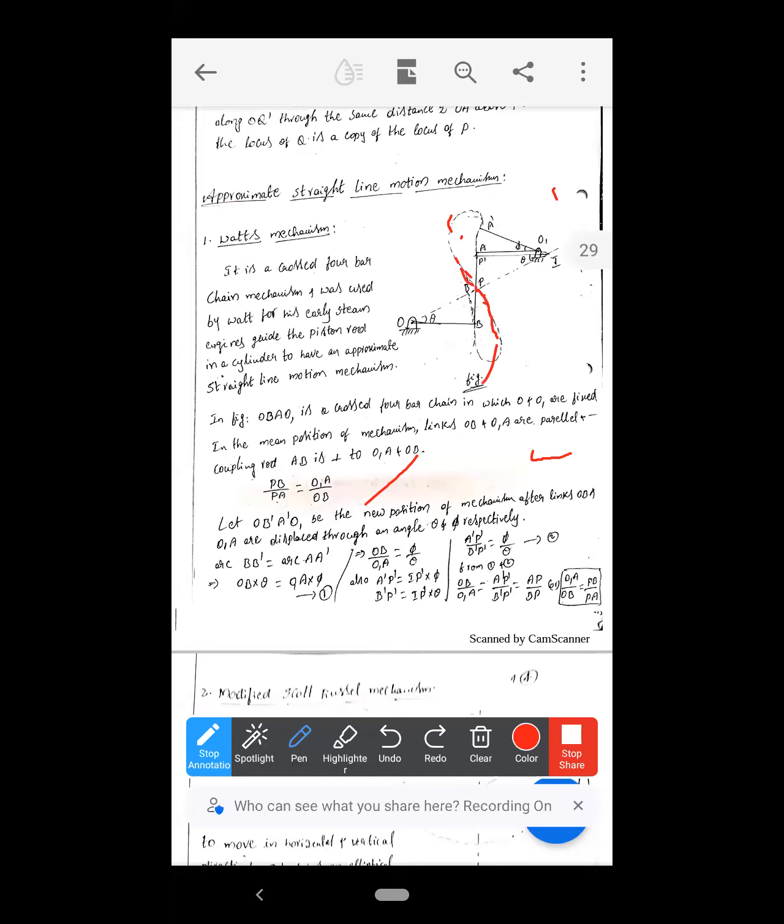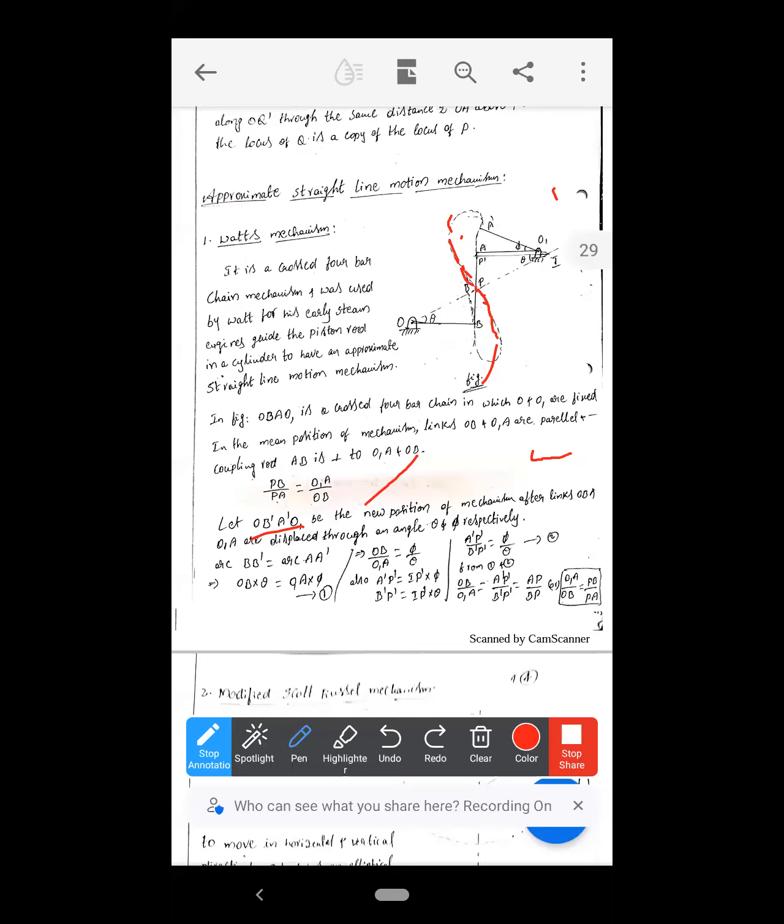When they are achieving the new positions, those positions are mentioned here. Let OB dash, B dash, A dash, O1 be the new positions of the mechanism after links OB and O1A are displaced through an angle of theta and phi respectively.